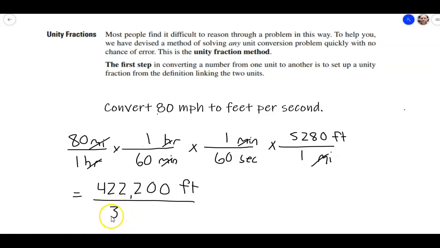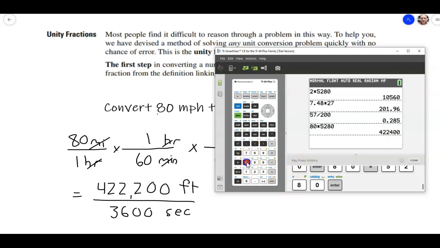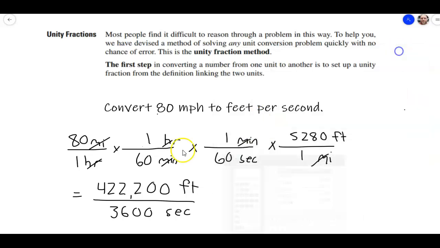So that's going to be 3,600 seconds. And now, in order to get this in feet per 1 second, I'm basically just going to divide this top number by 3,600. So we're going to divide 422,400, and it looks like I made a boo-boo here. That should be a 4 right there. Let me correct that.